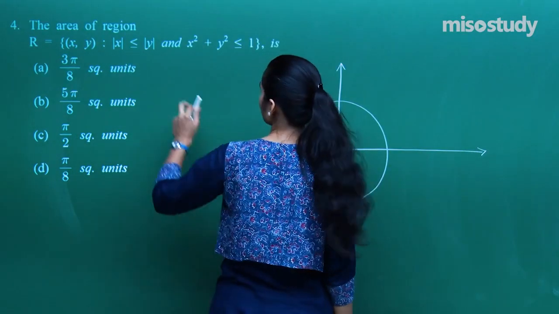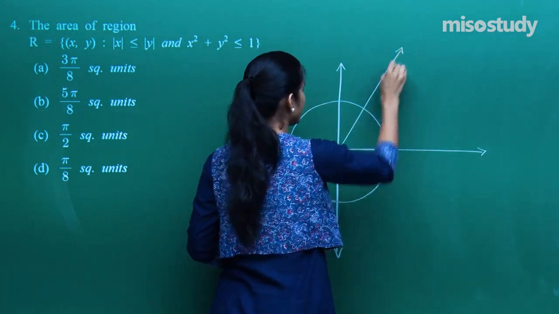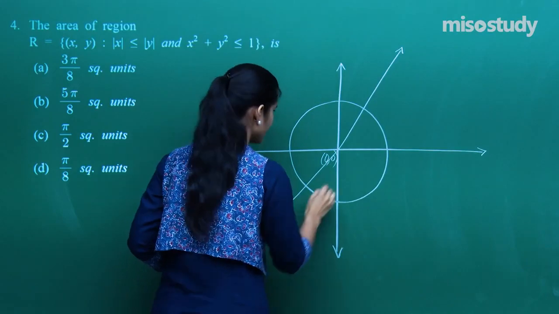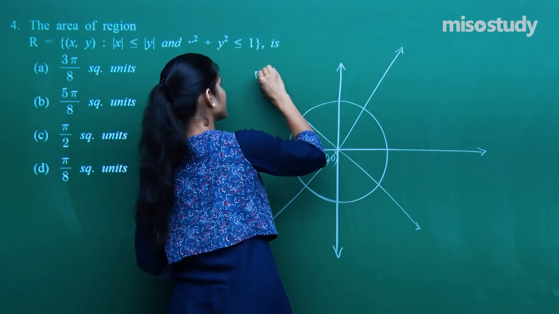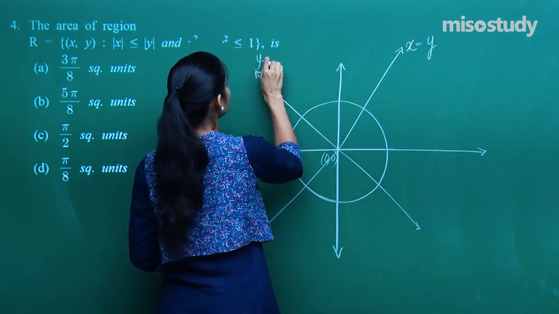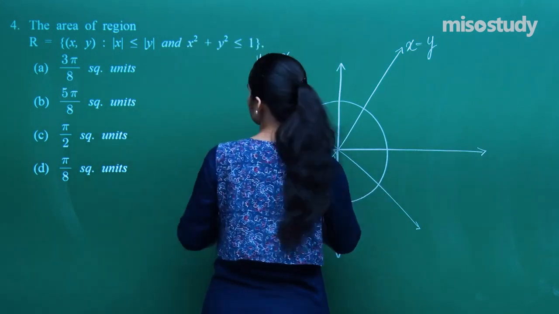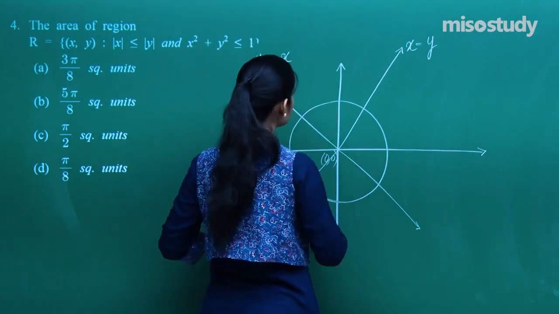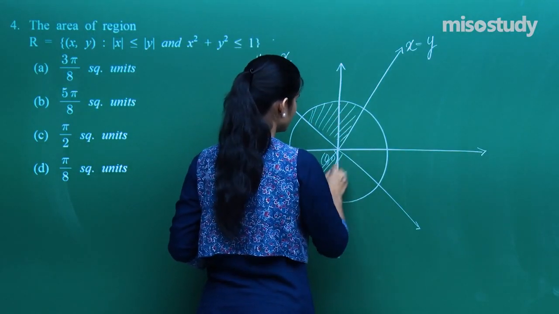And when I'm talking about mod x equal to mod y, it is just x equals y and x equals minus y, so y equals minus x. So the interior as well as all those (x, y) for which mod x is less than or equal to mod y is actually going to give you this shaded area.